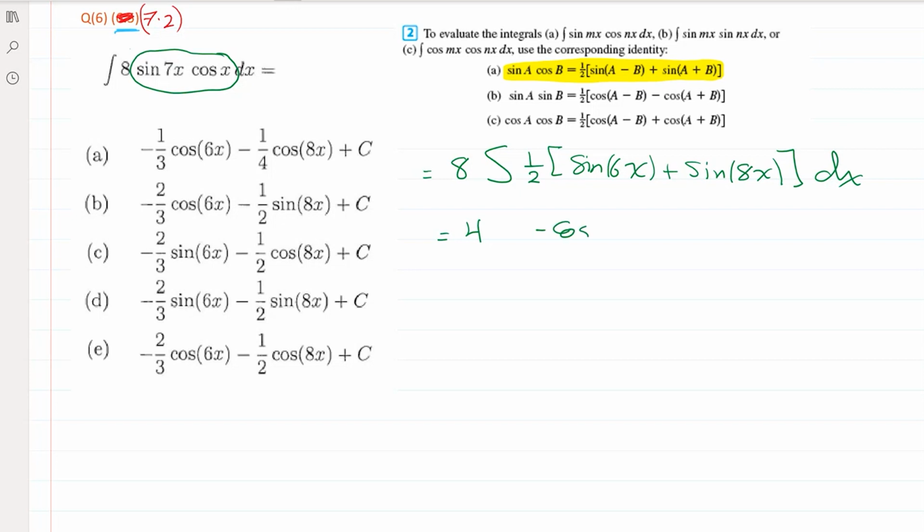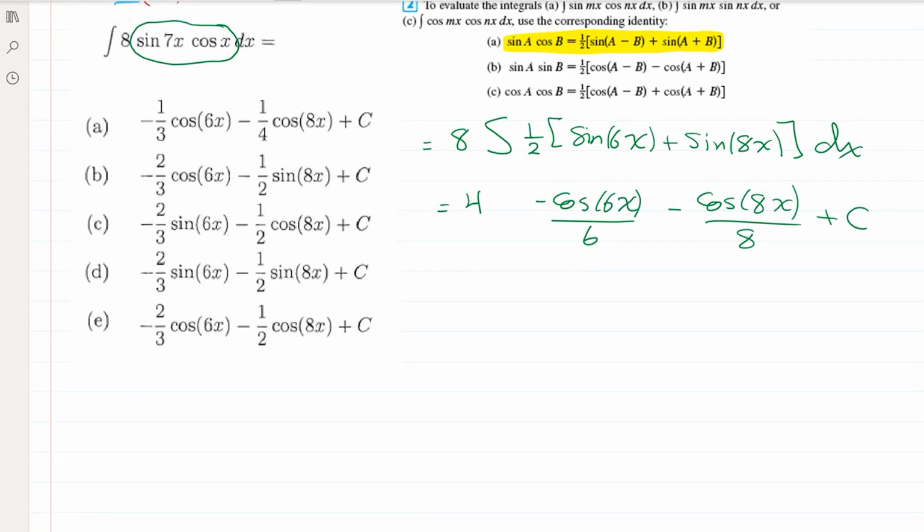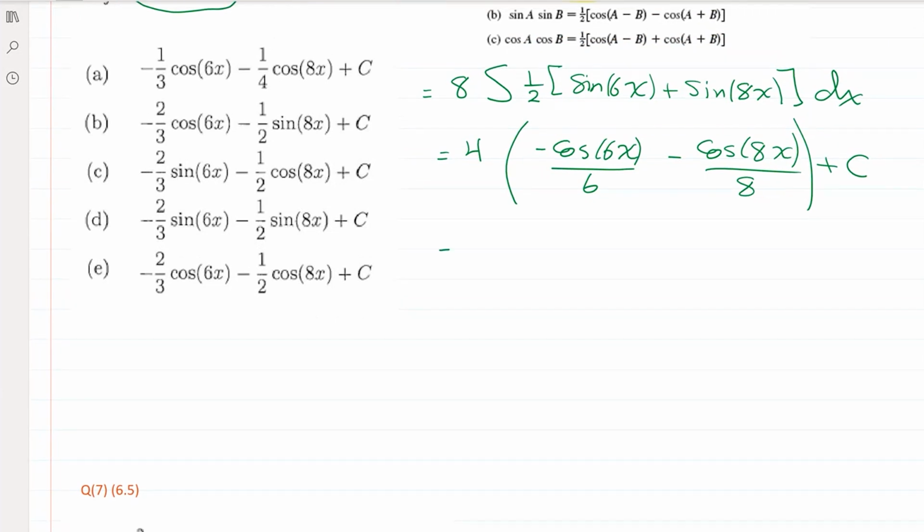Minus cosine 6x over 6, minus cosine 8x over 8, plus c. Now all of this is multiplied by 4. So it will be 4 over 6, which is minus 2 over 3 cosine 6x, minus half cosine 8x, plus c. And that is everything.